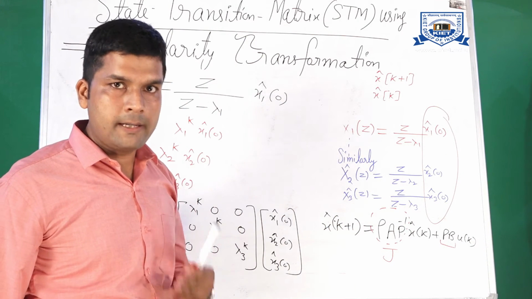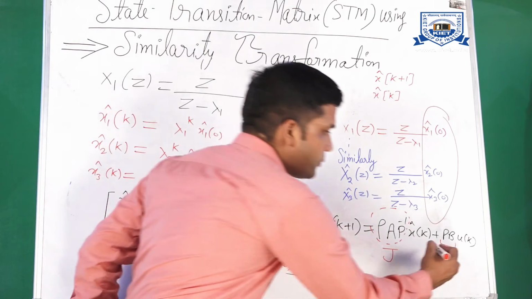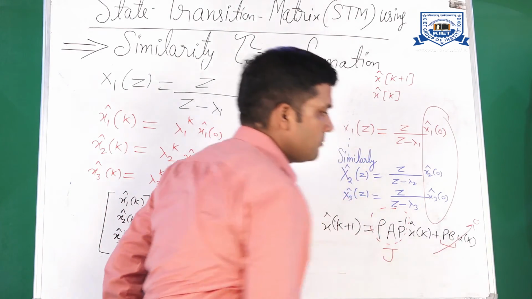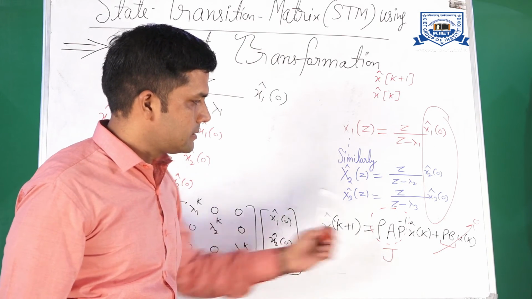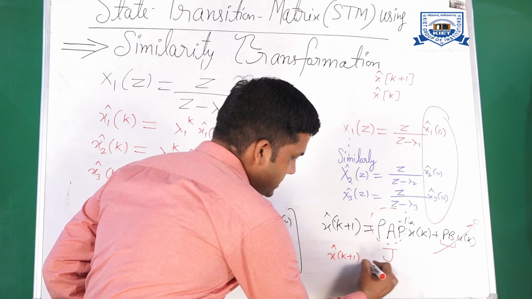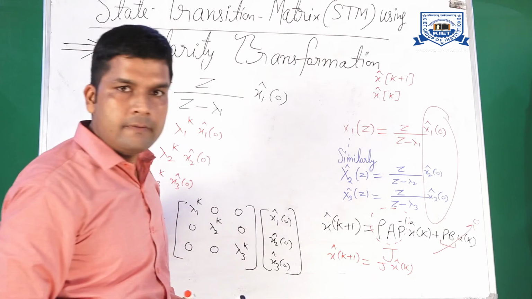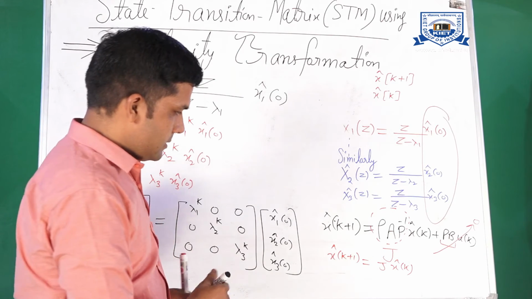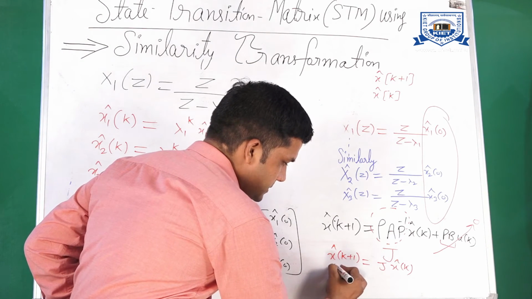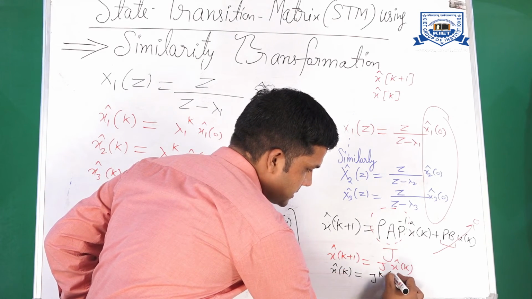Because we are finding the free response, the input should be 0, and the remaining part will be x cap k plus 1 is equal to J times x cap k. And if we find the solution of this, we get x cap k is equal to J to the power k into x cap 0.